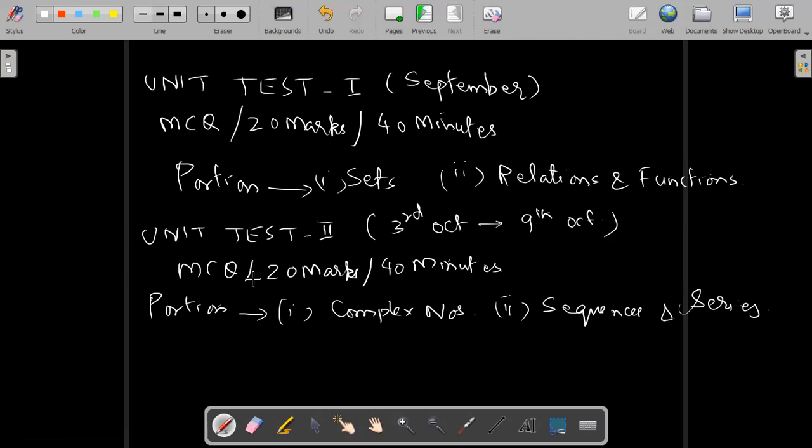Okay. And unit test 3 will be conducted between 9th to 16th January.